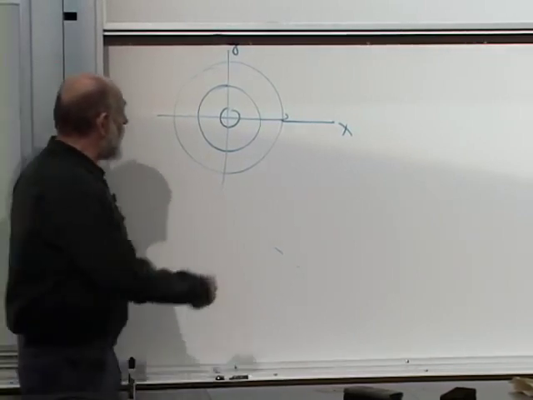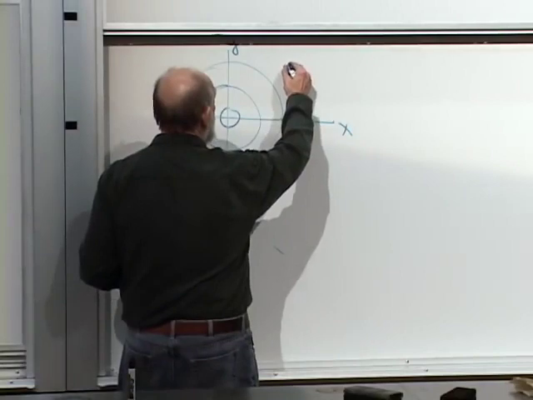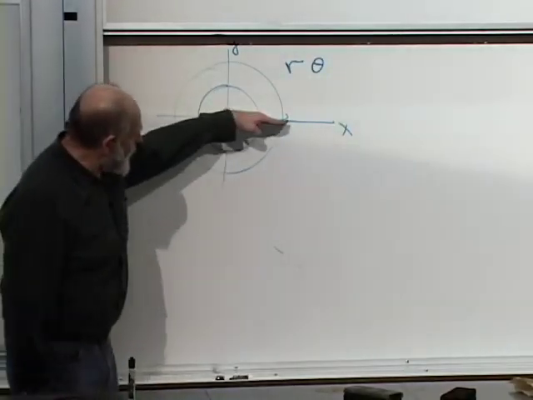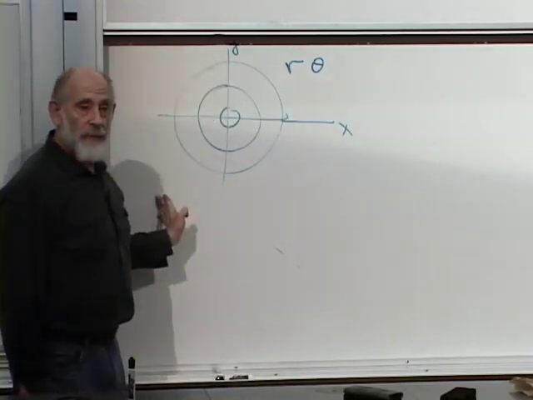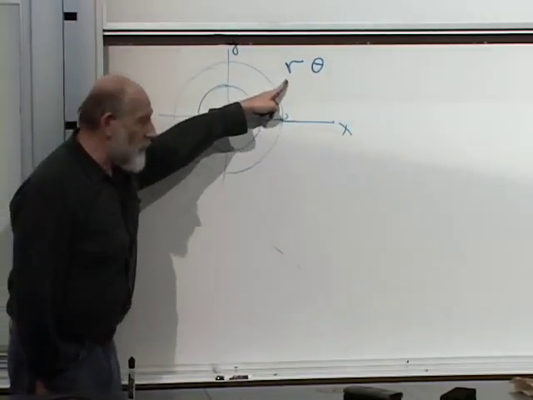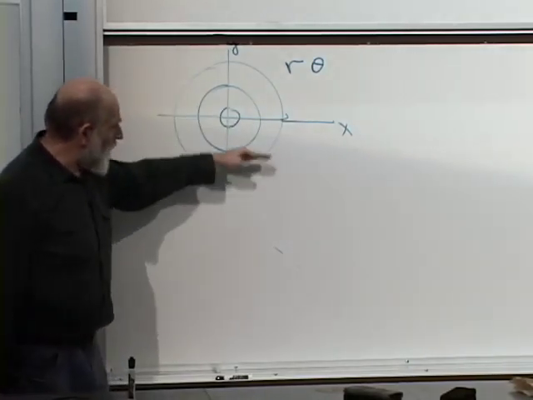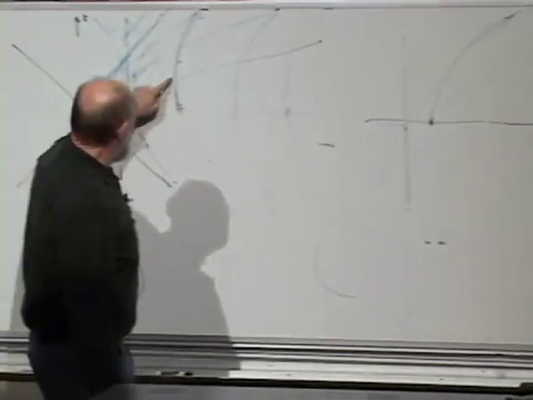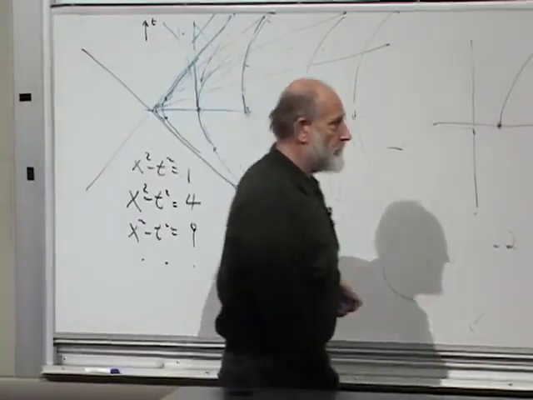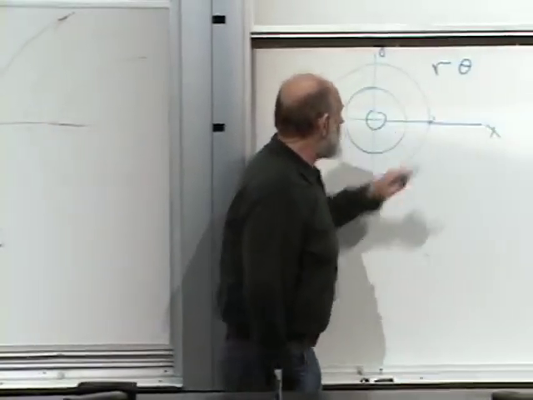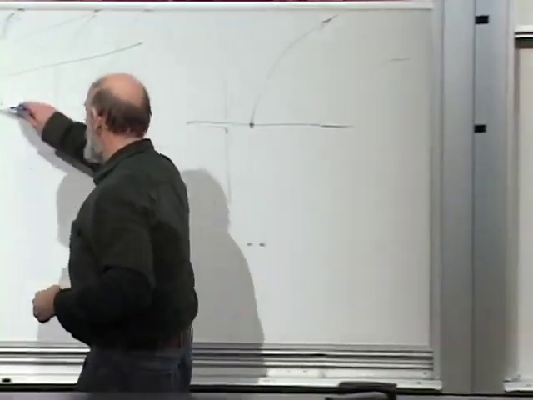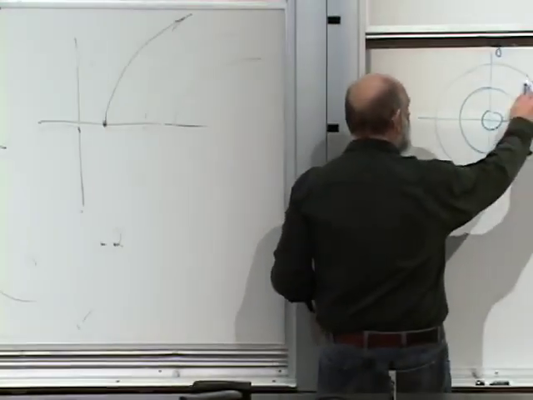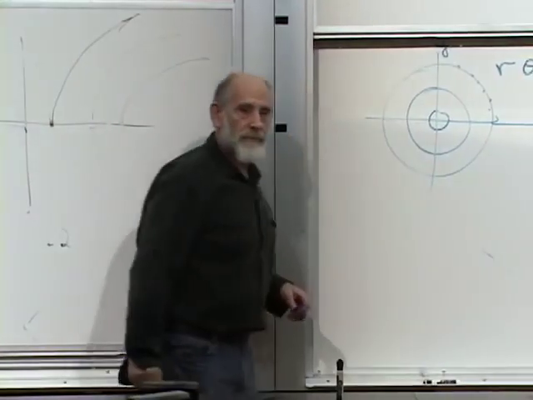Okay? So the polar coordinates here are r and theta. Theta is angle, and it sweeps you along a circle. As theta varies, keeping r fixed, you stay on a circle, but you sweep along it. That sounds awfully much like staying on a hyperbola and sweeping along it. So theta must be something like time along this trajectory here, because it varies along the circle, but doesn't vary as you go in and out.